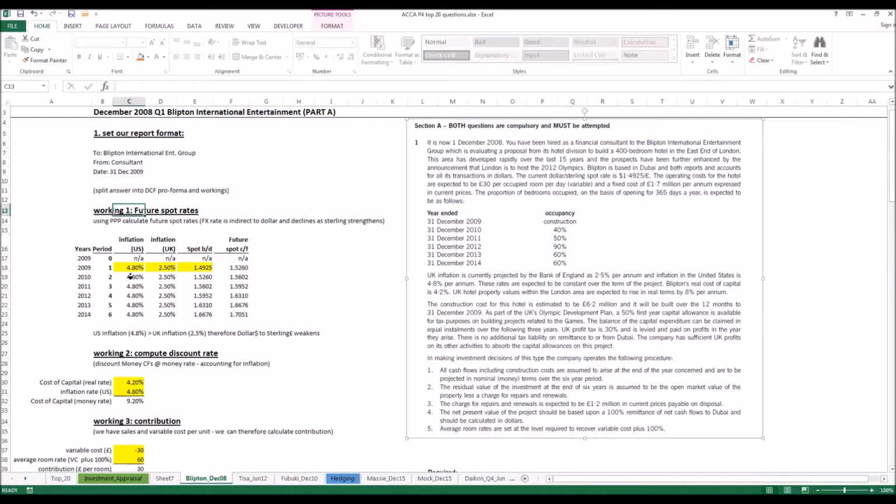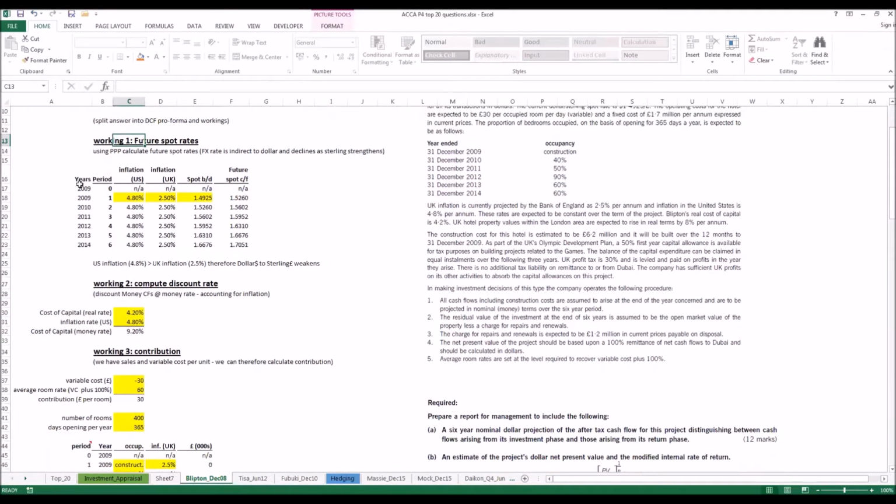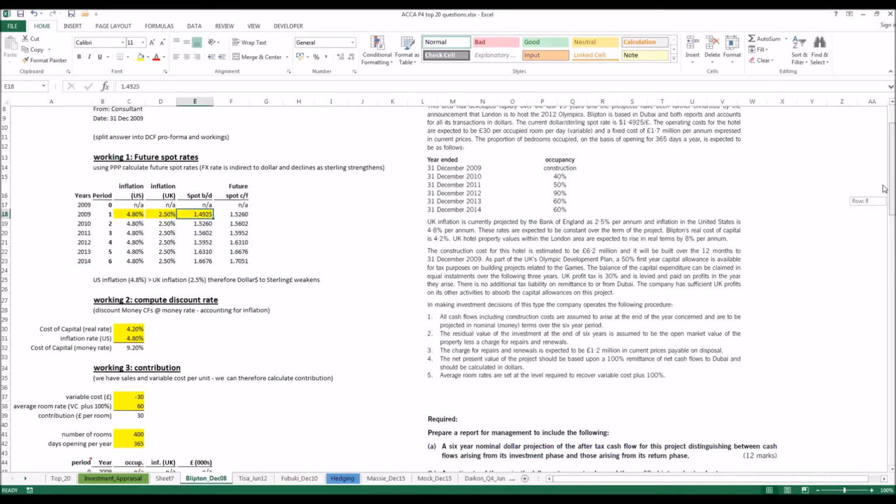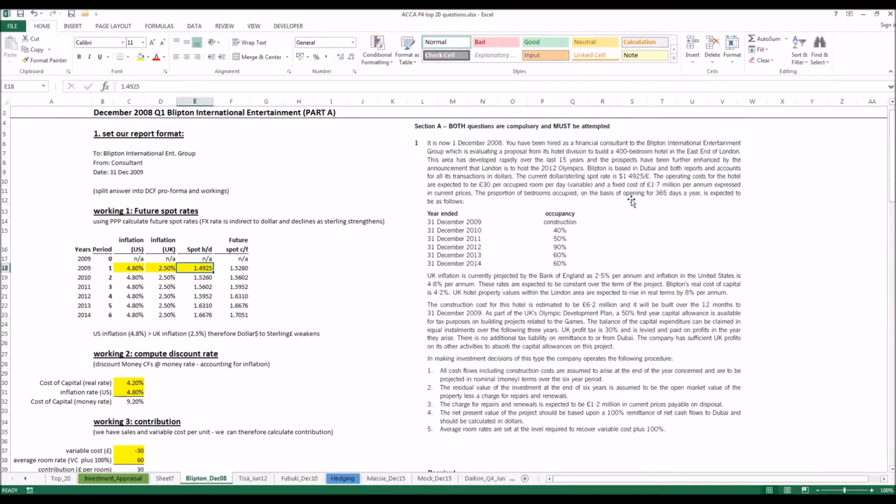So working one, future spot rates. Year 0 to 6, from 1st of January 2009 to 31st of December 2014, 6 years. And we are told what the spot rate is, as I said, $1.4925 to a pound.